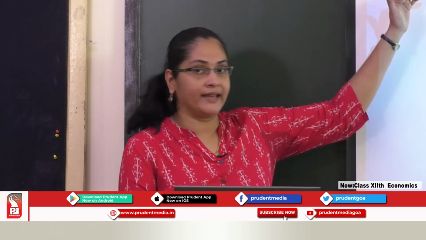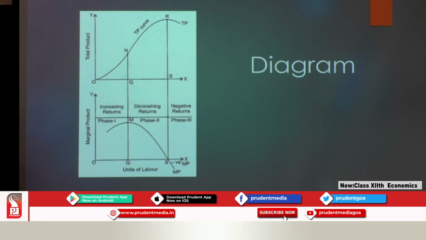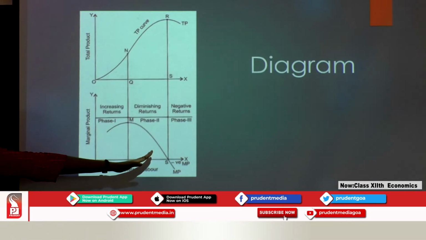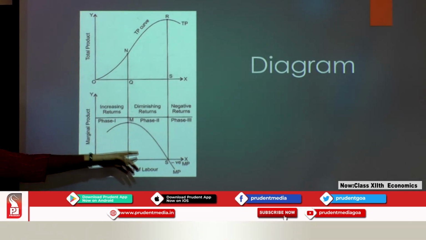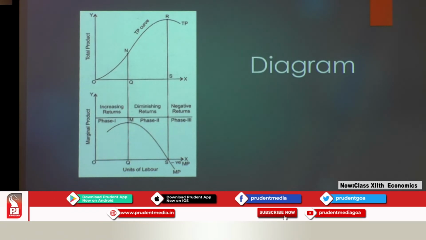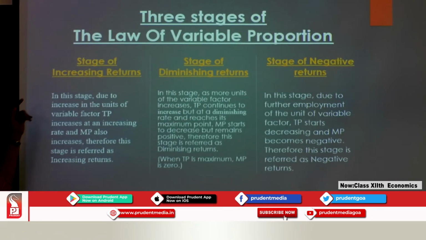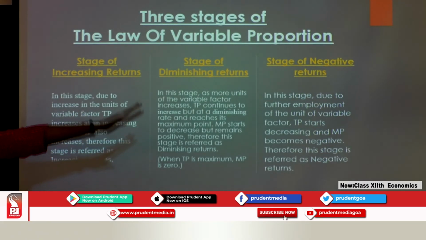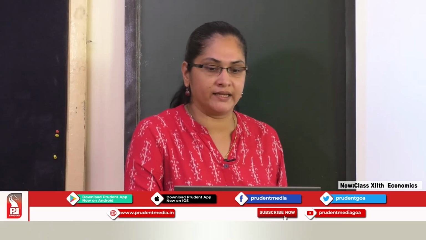And we have the diagram showing the TP as well as the MP and the relationship between them in the different stages: stage 1, stage 2 and stage 3. Stage 1 is increasing returns, stage 2 is diminishing returns, and stage 3 is negative returns, because of the way the MP works. MP increases, starts diminishing, and further becomes negative.